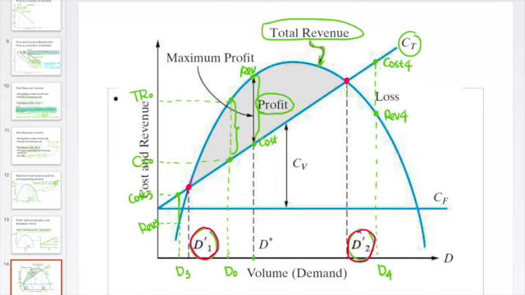Look at that, because at this point, your revenue and your cost intersects. Okay, so that's where your revenue equals to your cost. And same here. Revenue equals to your cost because they are intersecting with each other.